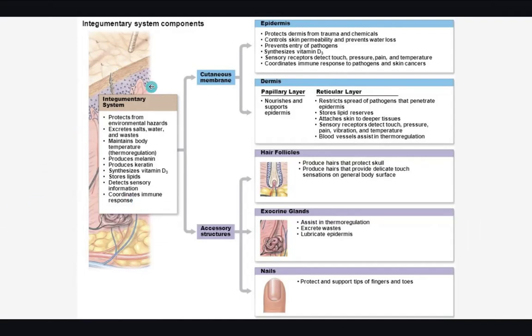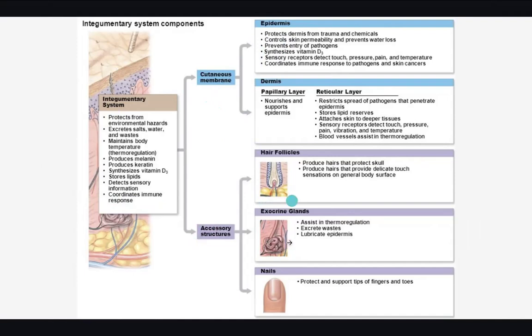Okay, so in our integumentary system, we can actually divide the components, specifically the skin, into the cutaneous membrane. This one would make up the epidermis and the dermis layer. And then you have the accessory structures, like for example, the hair follicles, which are also embedded in the dermis layer.